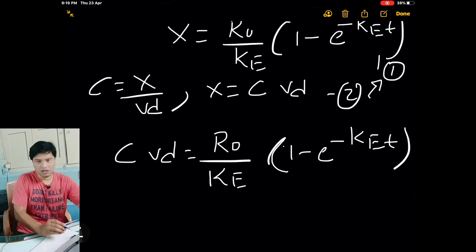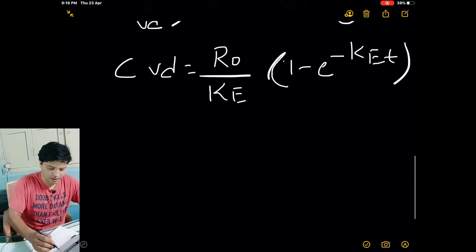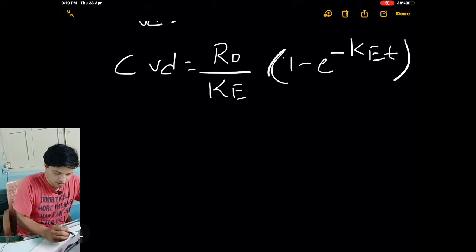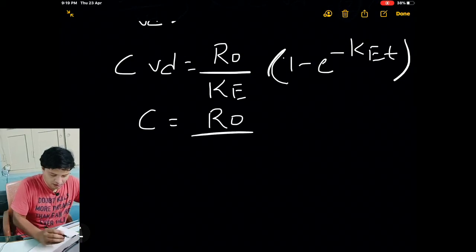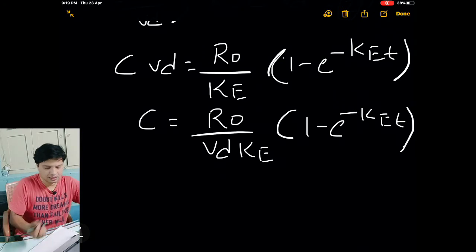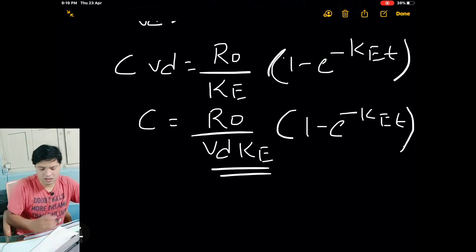Now we want only concentration, so we send the volume of distribution down. What you will get here is concentration is equal to R naught by volume of distribution into KE, into 1 minus e to the power of minus KE t. Now what we know about this is clearance.